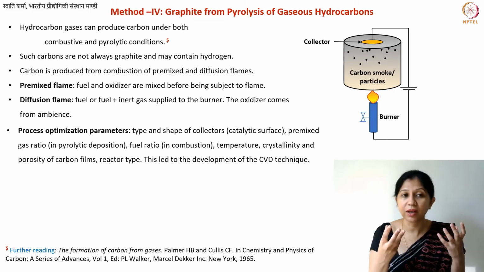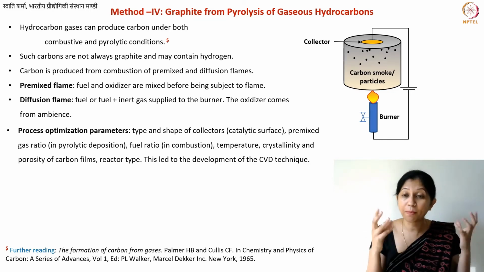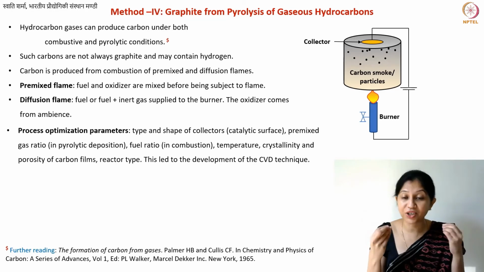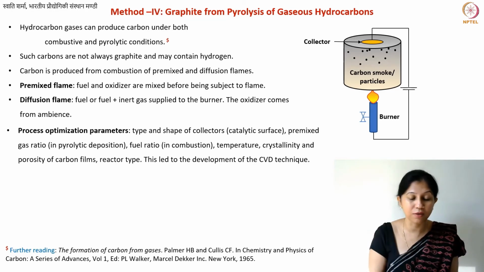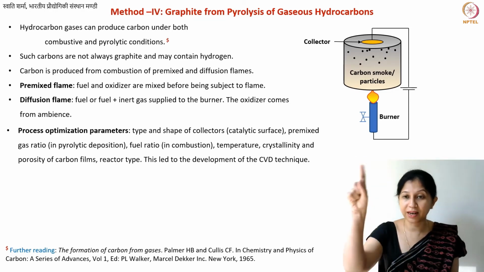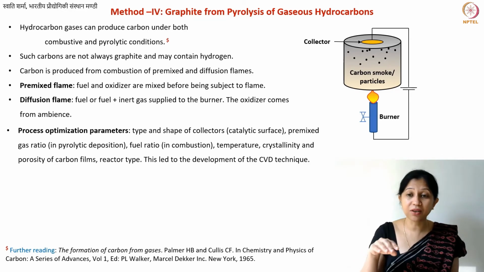Optimization means every time you change a process parameter, you will see what kind of carbon you get, what the crystallinity of that carbon is, what the porosity of that film is, how long you need to perform this experiment, and at what temperature you need to perform it. This electric circuitry that you see is also used for heating the substrate.